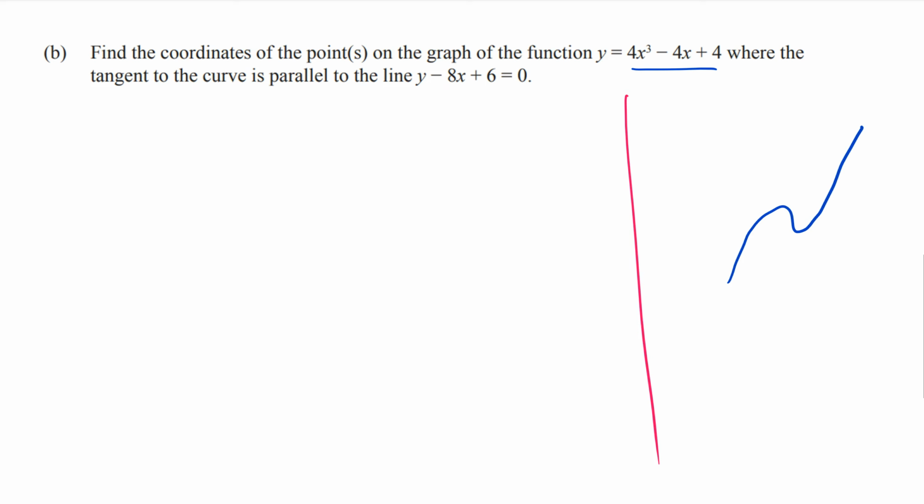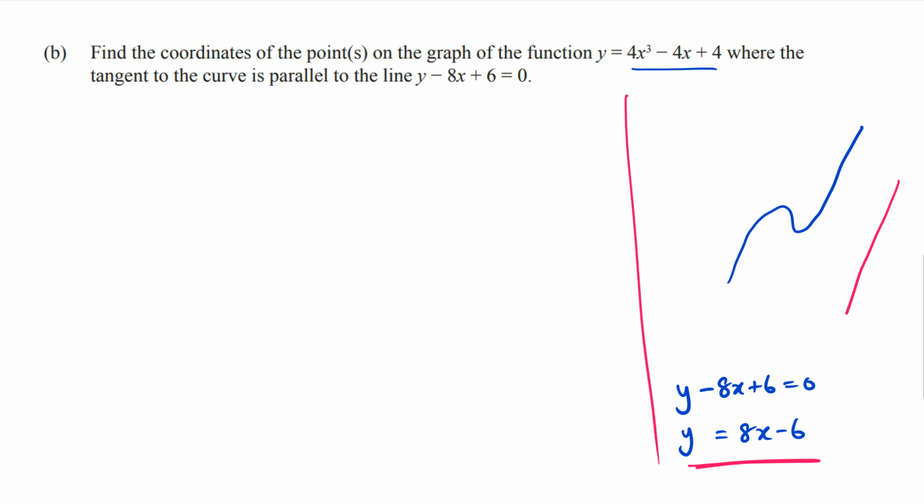Now it's saying where the tangent to the curve is parallel to the line y equals negative 8x plus 6. Now what I want to do is y minus 8x. So I want to know what this equation of the straight line is going to look like. If I do this, I'm going to get 8x minus 6. Now that means this 8x minus 6 is going to look somewhere there.